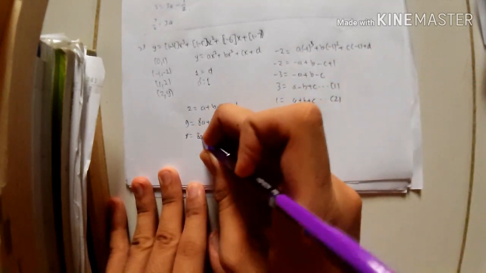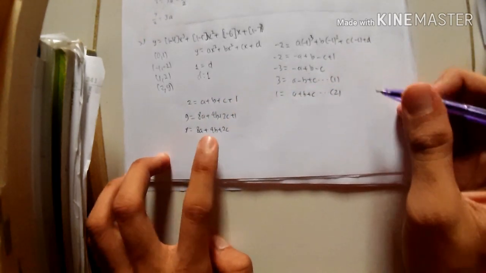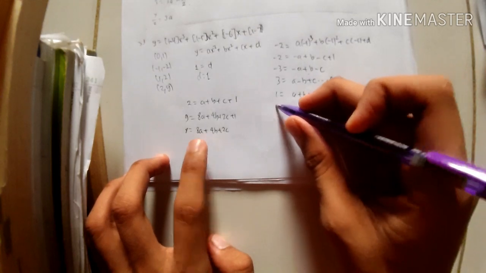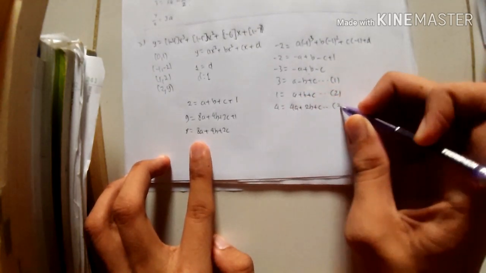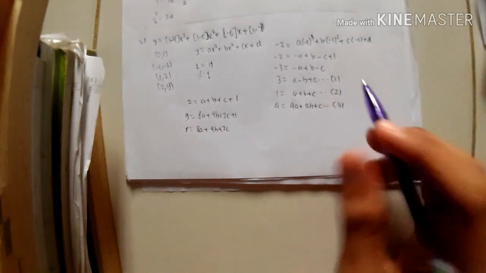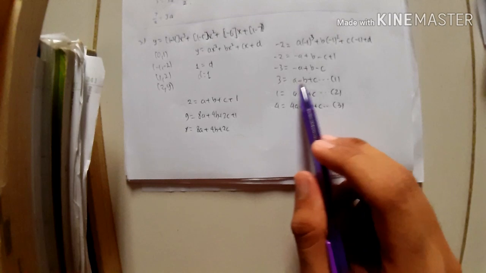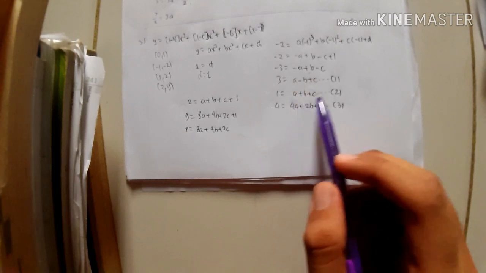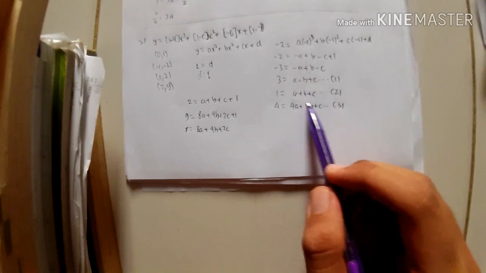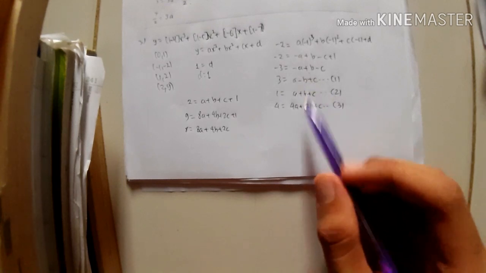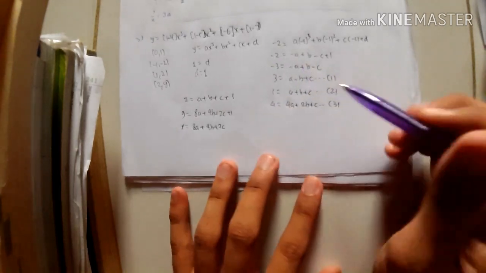So 8 is 8a plus 4b plus 2c, and you can simplify this, divided by 2, right? 4 equals 4a plus 2b plus c, equation 3. Now we need to find the values of these constants. Remember that if you have 3 variables, you need exactly 3 equations with these 3 variables. That's all you need to solve these equations.